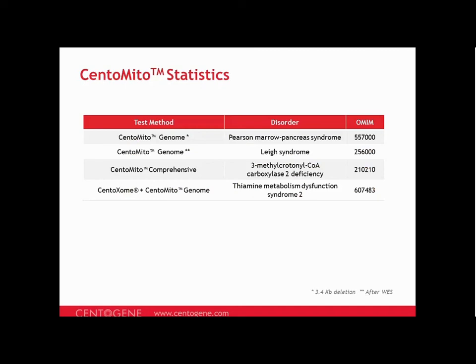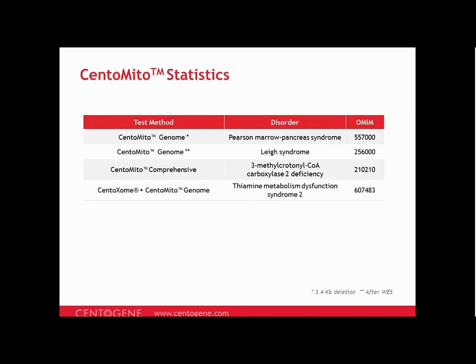And there was another case which we diagnosed as Leigh syndrome, and WES couldn't detect any variants and revealed no relevant phenotypic information. But when we checked with Cento Mito Genome, we could detect the single nucleotide variant in mitochondrial DNA.